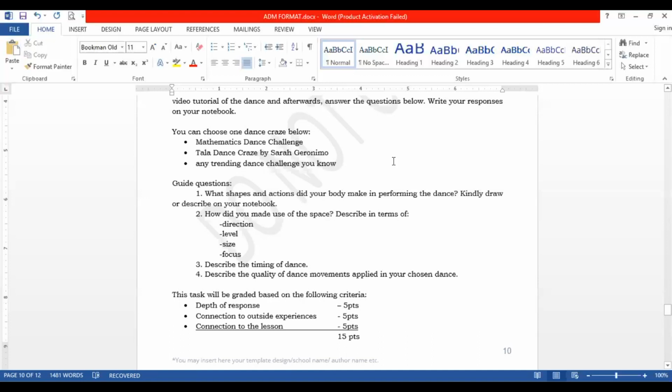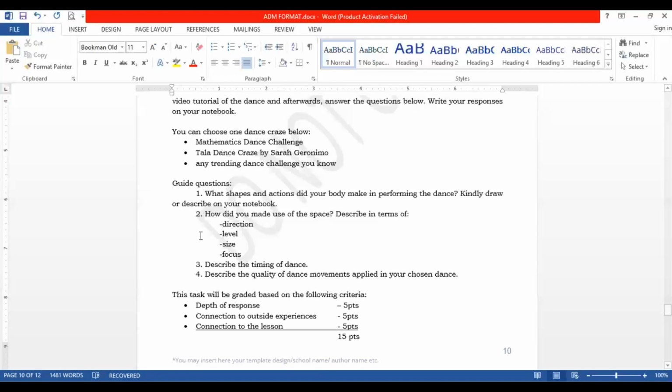So, lagi natin bibigyan ng option ang bata para maging inclusive. So, paano kung hindi niya alam yung mathematics dance challenge? Paano kung hindi niya alam yung Tala dance craze? So, any trending dance challenge na alam niya para mas personal yung choice niya, kumbaga, kung ano yung dance na gusto niyang i-perform.